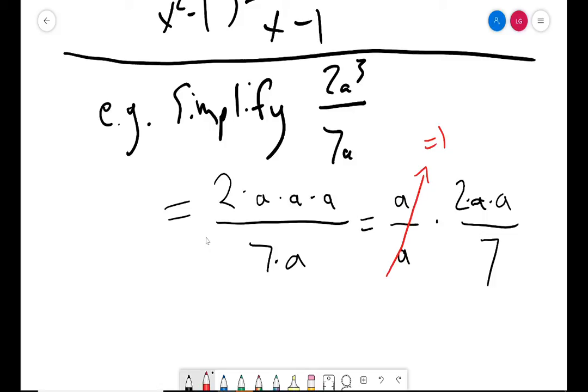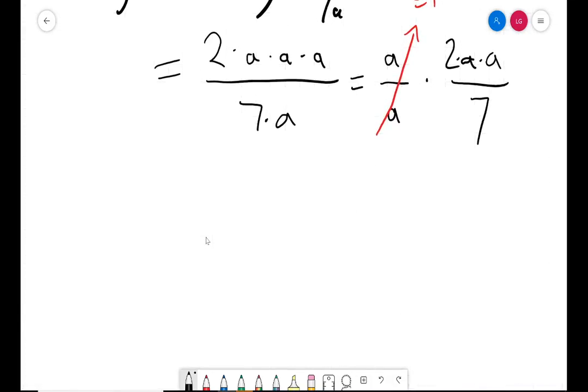So what we're really looking at here is a simplification. This is equal to 2a squared over 7. And a cancels from both places, numerator and denominator.